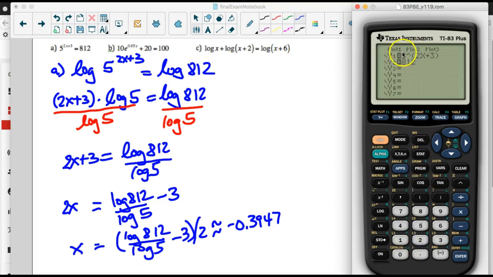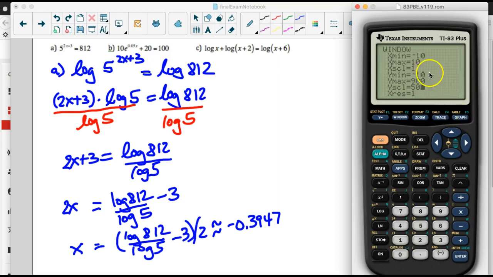Now, this y equals 812 is a horizontal line at 812, so we've got to make sure the window at least goes up to 812. Right now, the window goes up to 10, so we need to raise this number to at least 812. I'm going to go up to 900, and I'm going to go by 50 for each mark, so we don't have too many marks.